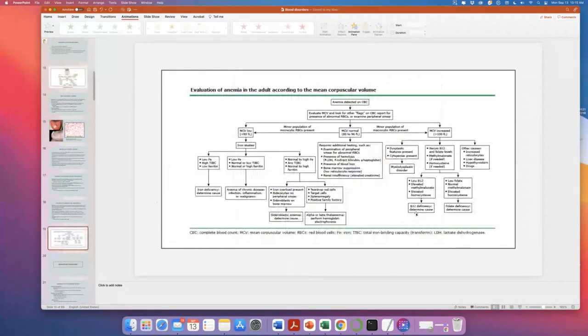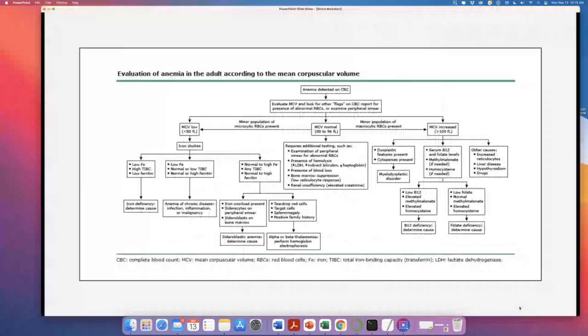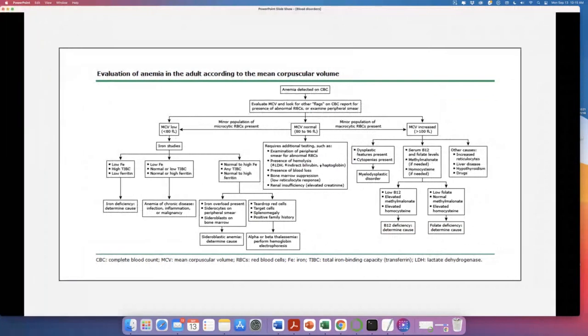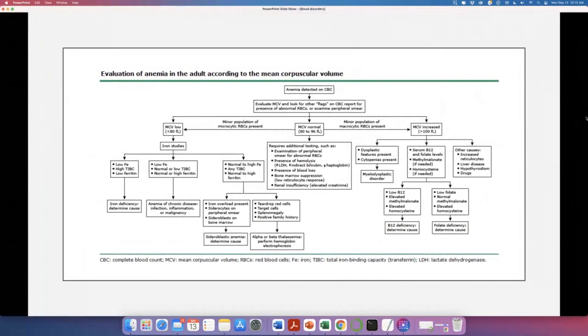Okay, so let's go to this evaluation of anemia, because this is probably the most important thing for you as students now. You have your patient with anemia. Remember, we detect that on the CBC. There may be decreased hemoglobin or decreased number of red blood cells, or both.